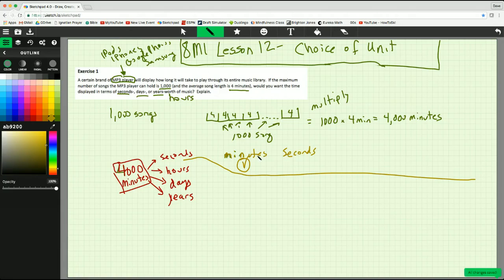So there are more seconds in some amount of time than there are minutes. So if I have 4,000 minutes, I'm going to have even more seconds. And we know that there's 60 seconds in a minute.